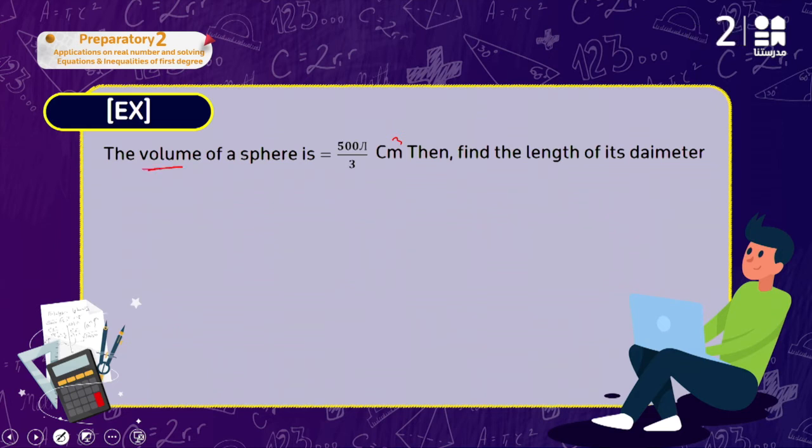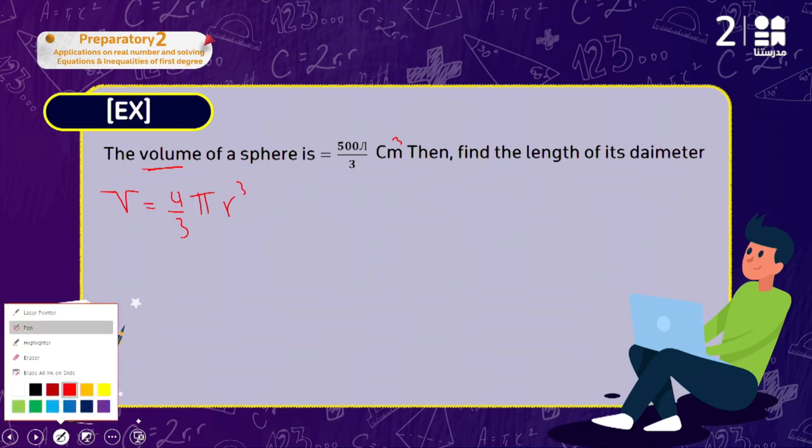Then find the length of its diameter. Okay, طيب what is the volume of the sphere؟ اتفقنا في كل الأحوال stick to the rule. يلا بينا نكتب الرول. Volume of sphere equals what? 4 over 3 times π times r to the power 3. Is it clear? This is the rule of volume of sphere.